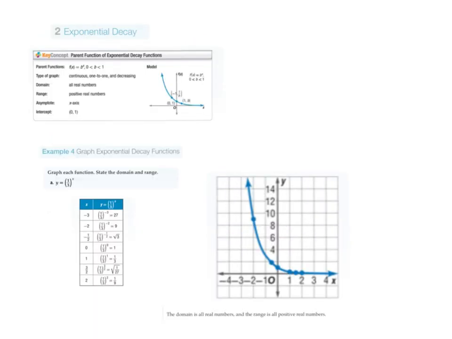So now we're going to look at decay. Decay means, obviously, you think about decay means we're going down. So if we look at our type of graph, we're going to do the exact same thing we just did. Here's our -3, our -2, our 0, our 1, and our 2. And the reason why I'm only picking those is because we have numbers that aren't radicals.